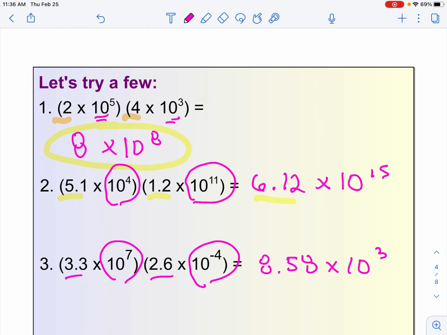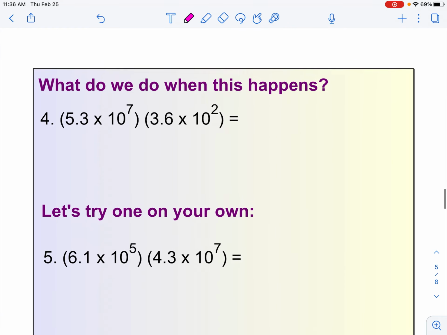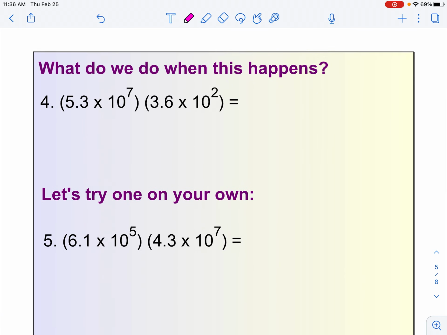So there's multiplying. But again, sometimes when we do this, when I multiply the 5.3 times 3.6, now I get 19.08. And that's not a number between 1 and 10. So now remember what we did yesterday: we have to move this decimal over so that the first number is a number between 1 and 10.